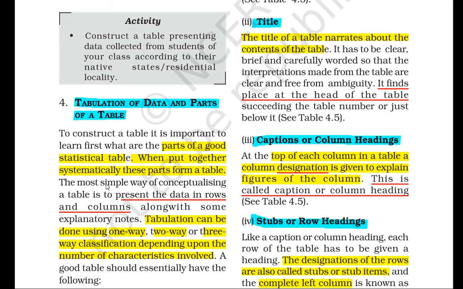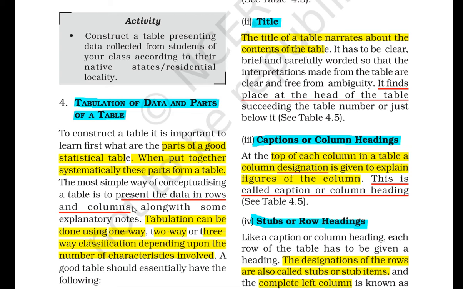Each part should be at the proper place. In a table, we present the data in rows and columns. Rows and columns have their own headings, and the table has its own heading. Therefore, we need to put it in a proper place.